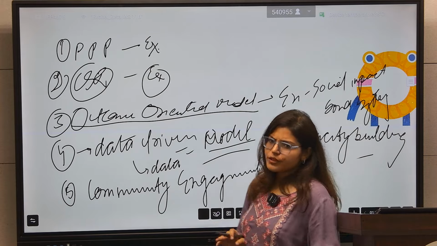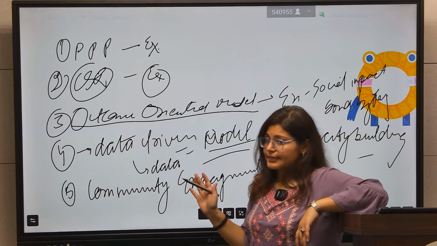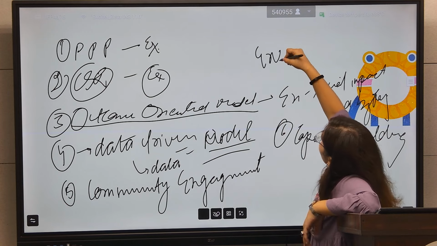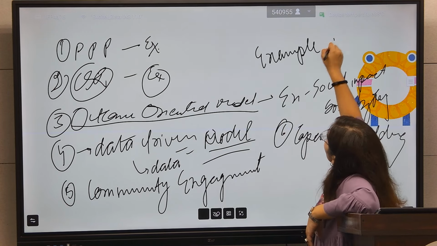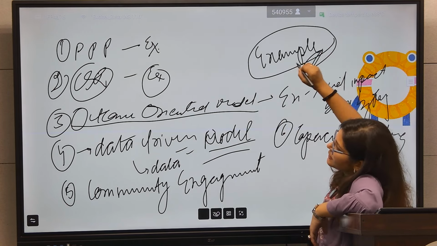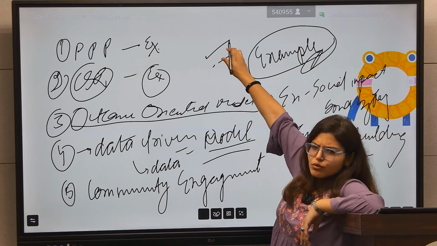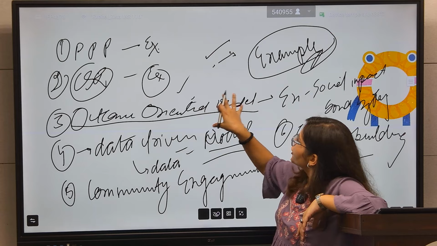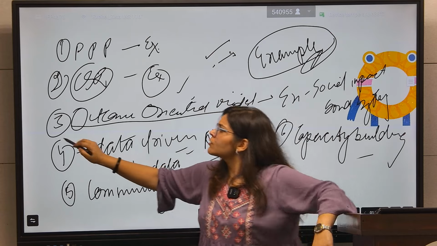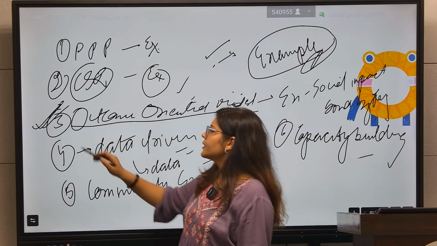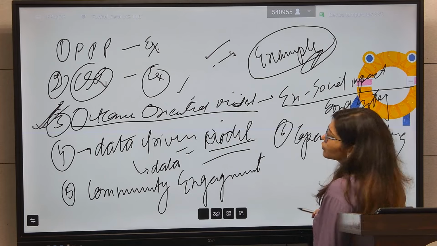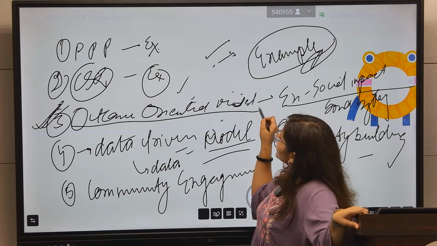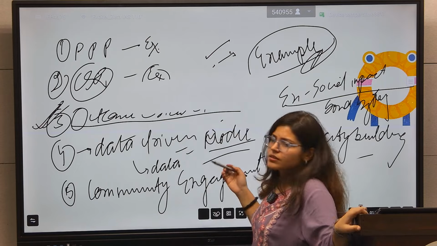So all these models you have to know while writing this answer. These answers require examples. So you have to know the basic example, like the PPP model you have an example, the CSR model you have an example, the outcome oriented model you generate an example, this you know about the social impact bond. So from that you write the outcome based model.